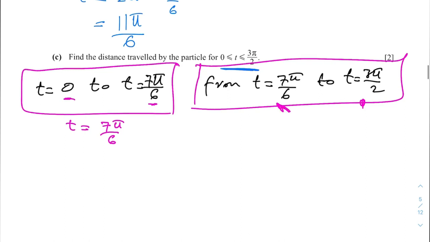So from here to here, t is equal to 3 pi on 2 minus 7 pi on 6. Okay, then so let's see, 3 pi on 2 minus 7 pi on 6, and that's going to give us pi on 3. Okay, so we are going to do when t equals this and when t equals that.